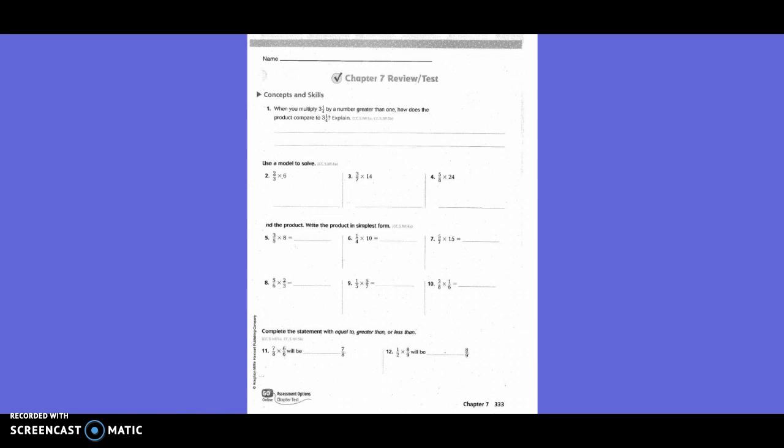The product will be greater than 3 1/4, because any factor greater than 1 will become larger.